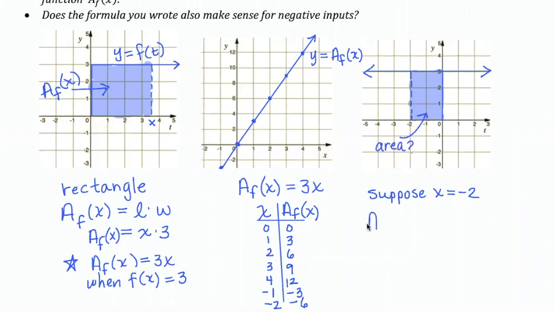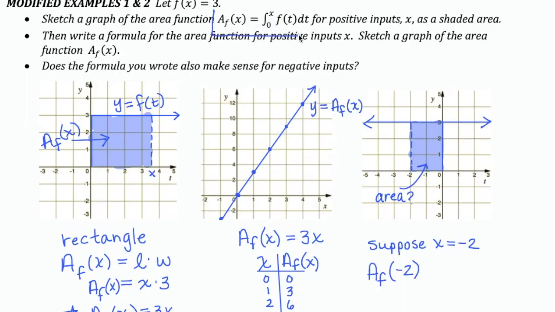Well, the area function, when we input -2, is going to follow this rule right here. So I'm going to substitute in -2. So it says the area function, when x is equal to -2, will be the integral from 0 to x, 0 to -2, of my function f of t dt.